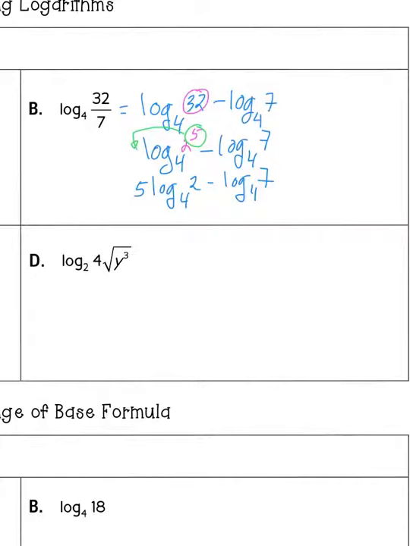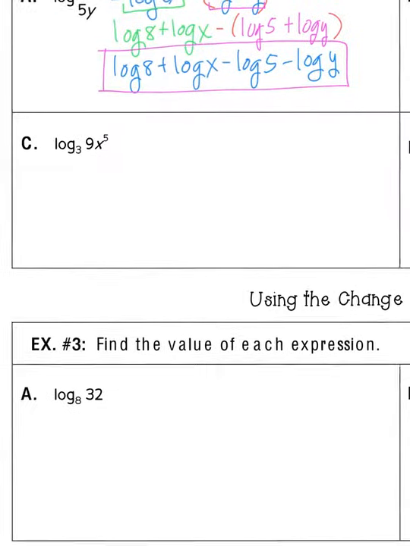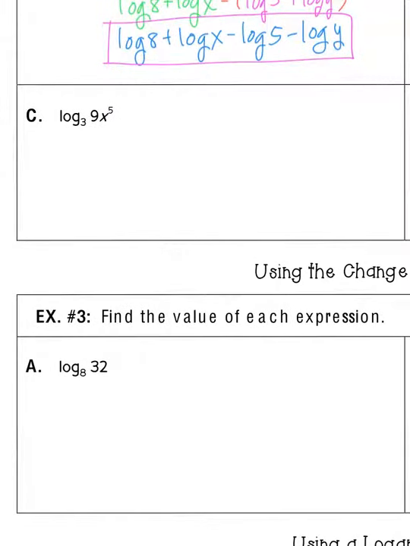All right, so that will be our final answer for that one. And that's a 4, hard to read. Okay, so what I want you to do is I want you to do C on your own, but wait for D for me. So go ahead and pause the video, try C, and then check your answer.